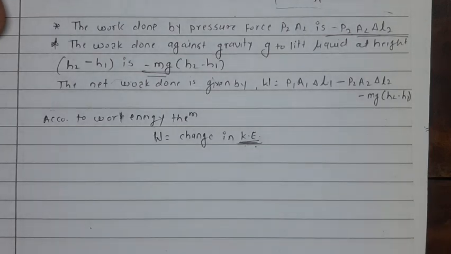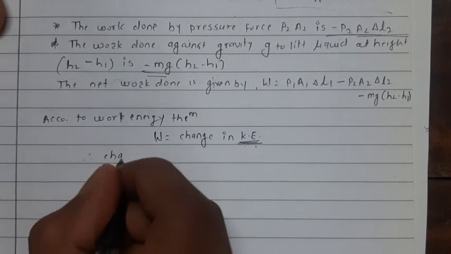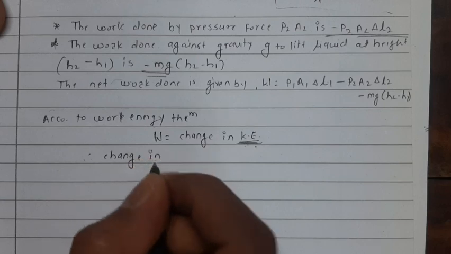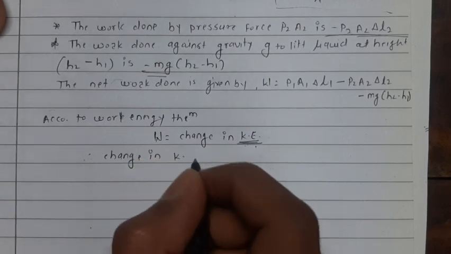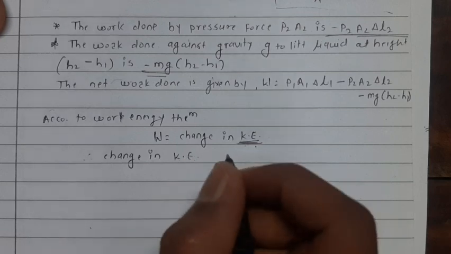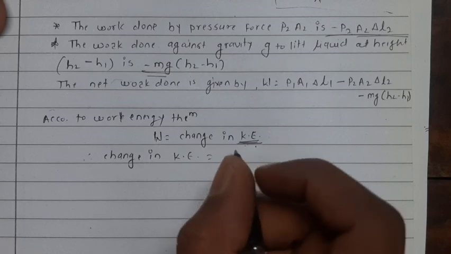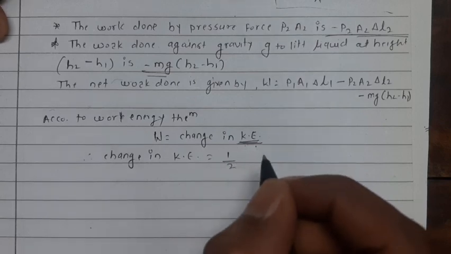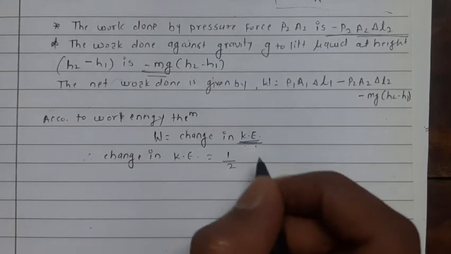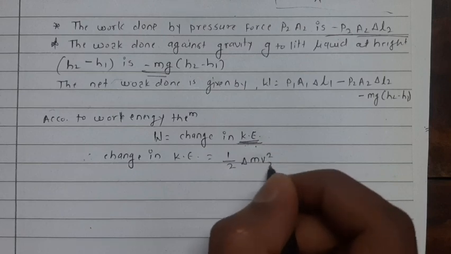So the change in kinetic energy is final kinetic energy minus initial kinetic energy, which is 1/2 delta m v2 square minus 1/2 delta m v1 square.